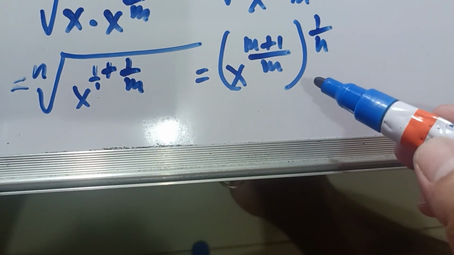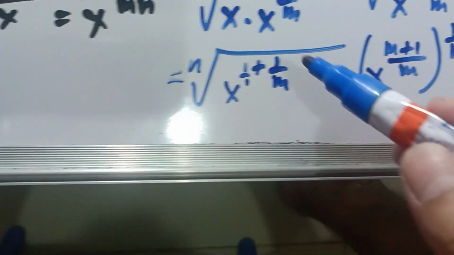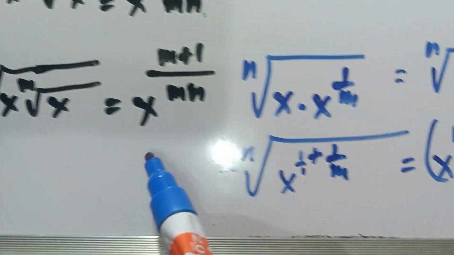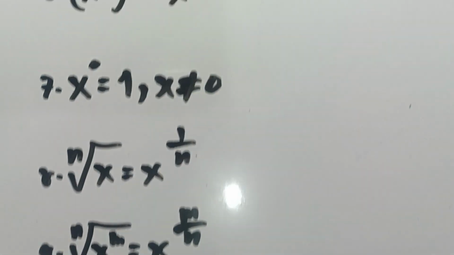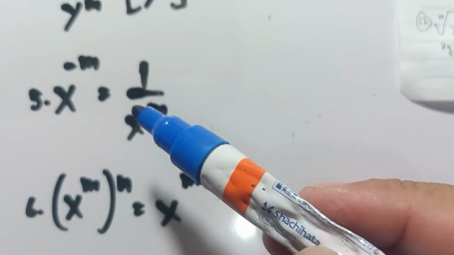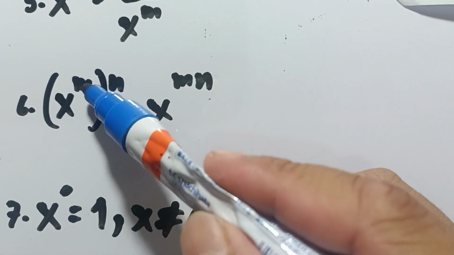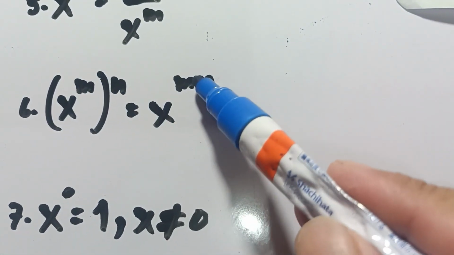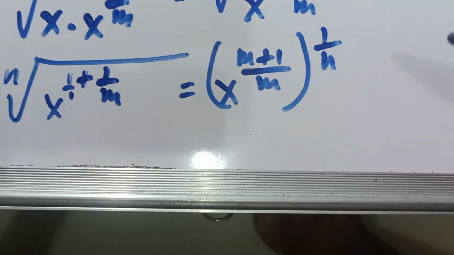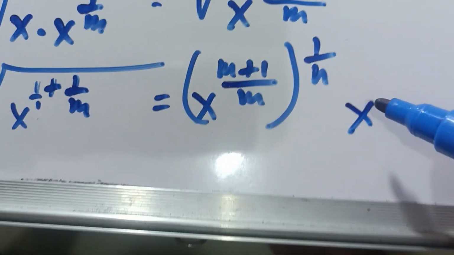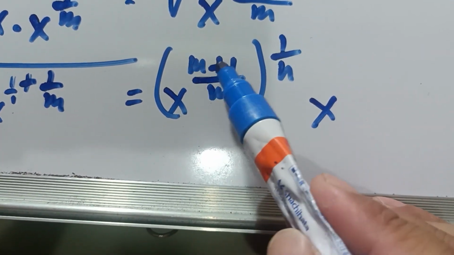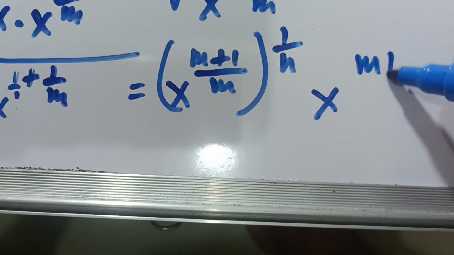By rule number 6, we multiply this one: 1 times m plus 1 equals m plus 1.